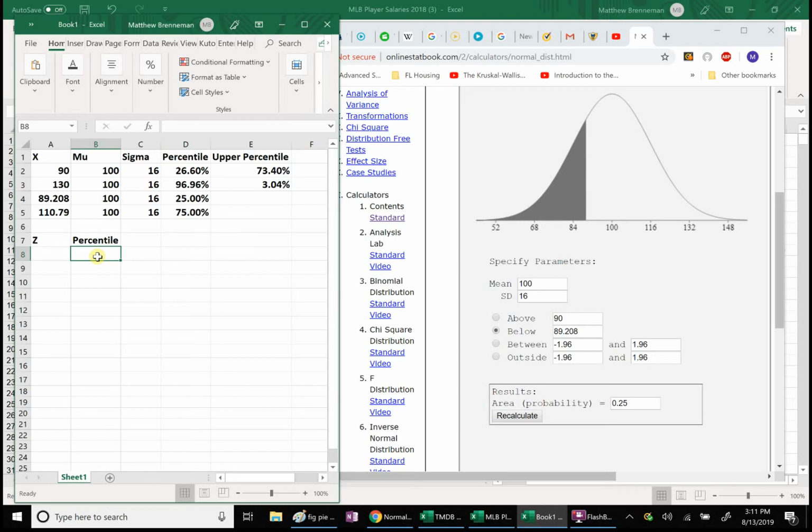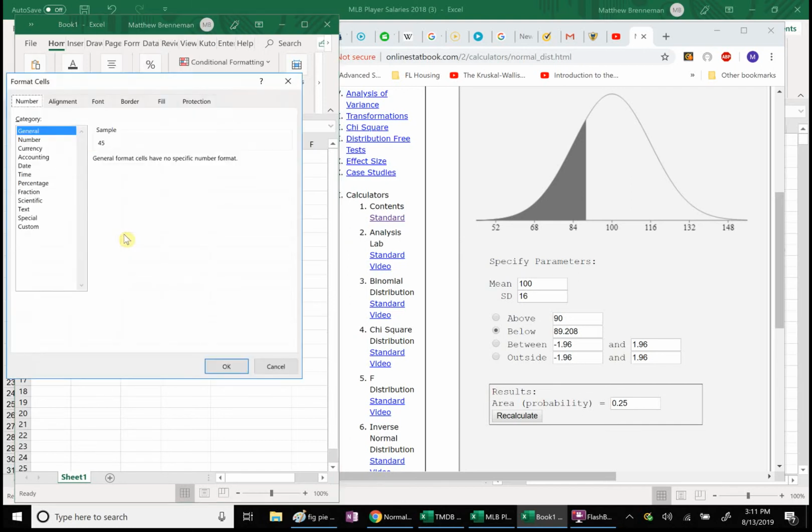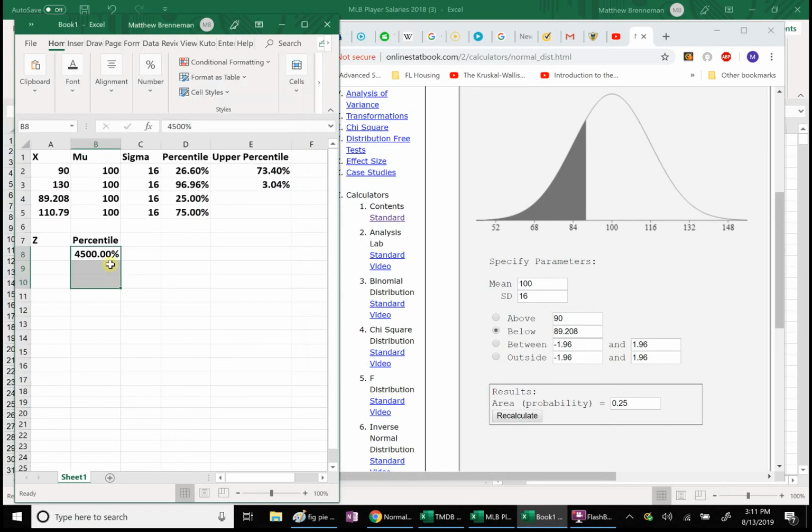Let's say we wanted the 45th percentile. I'm going to format these all as percentages really quick. Oh, come on. And of course, I have to go back and change this to decimal. There we go. And I want the z-score for the 45th percentile.